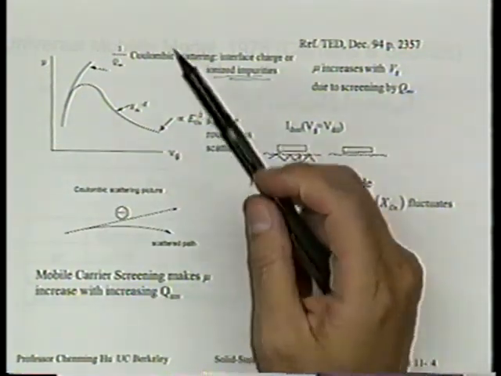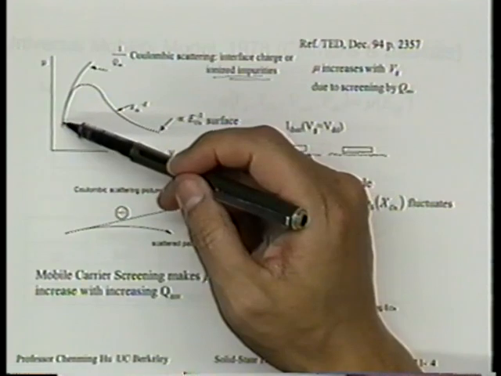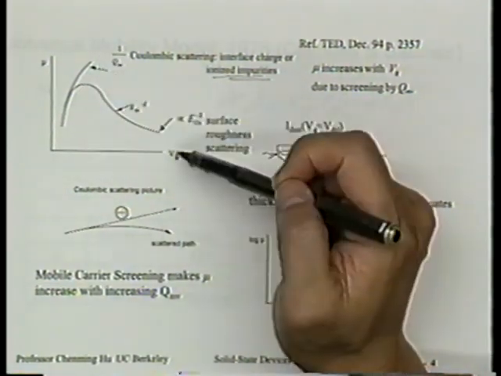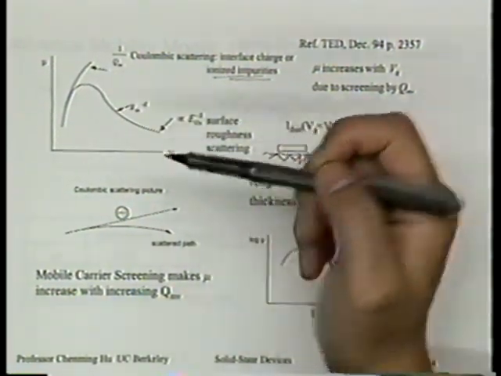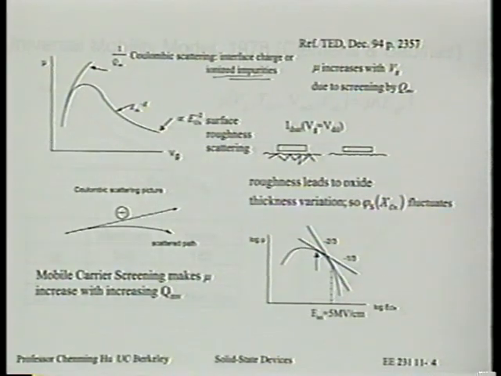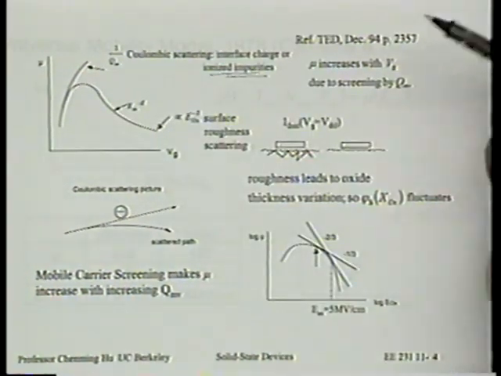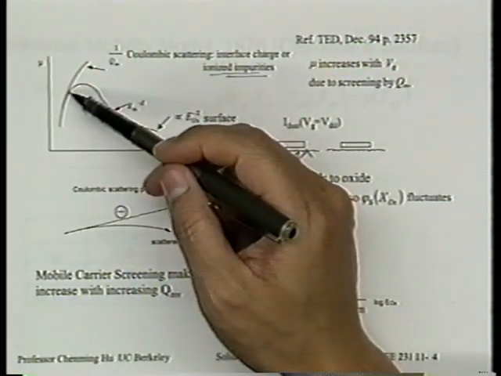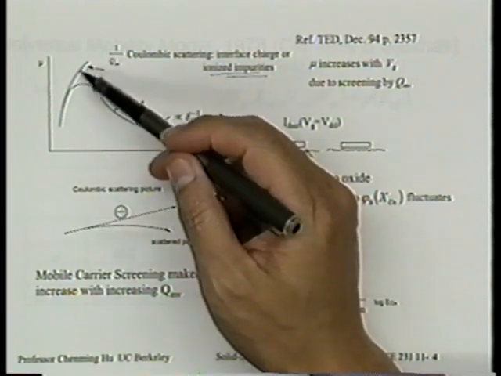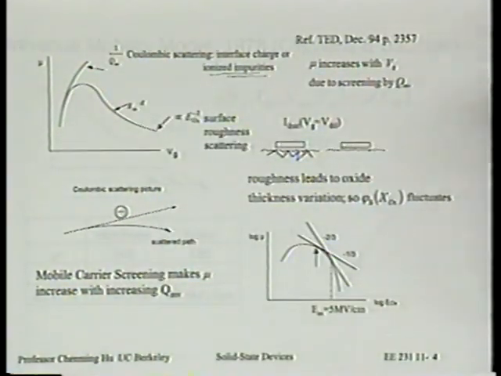Okay? Roughly speaking, it's almost linearly proportional to the inversion charge, Qi. All right? So depending on whether we're plotting log or linear scale, I don't know how to plot this curve, but this component, due to the Coulombic scattering mechanism, goes away fairly quickly as you increase Vg.